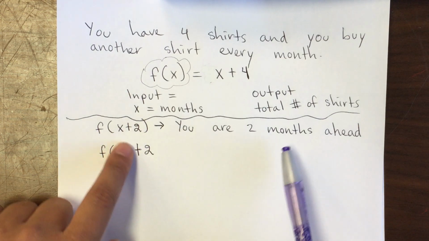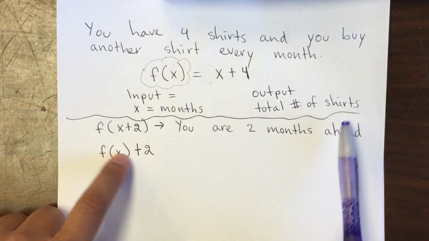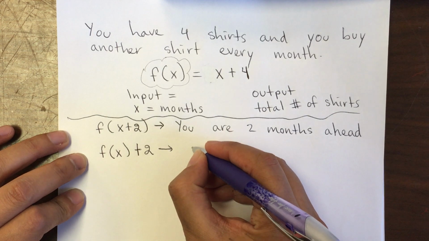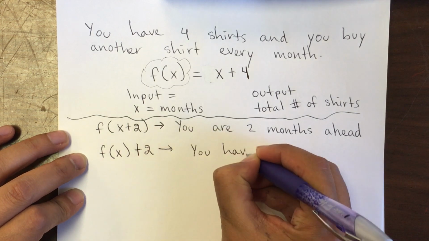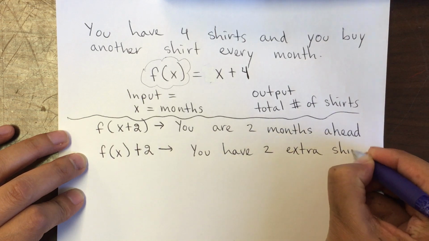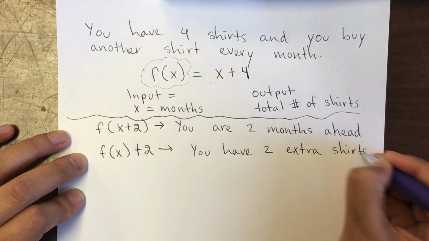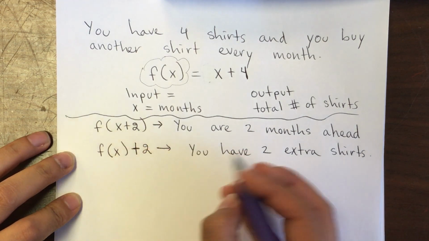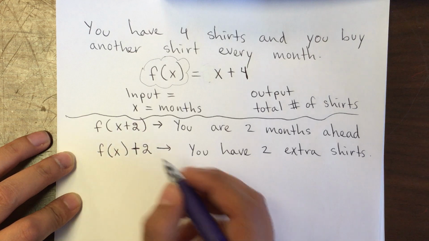The output is the total number of shirts, so you're adding 2 more shirts to that. This might mean that on Christmas you got 2 extra shirts, and that's why you have those 2 extra every month. So you're just adding it once to the total, basically.